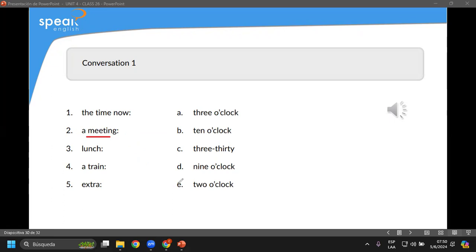If the meeting is at 3, match it with 3. If they are asking what time is it, and you listen 10 o'clock, match 10 o'clock. If it's 9 o'clock, match 9 o'clock. Is the activity clear? Yes, it's clear. Very good.